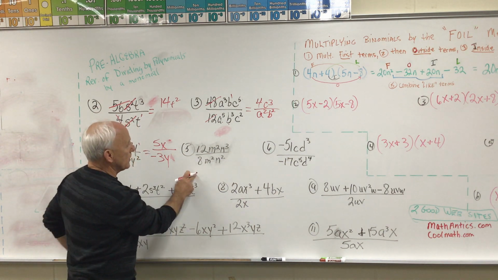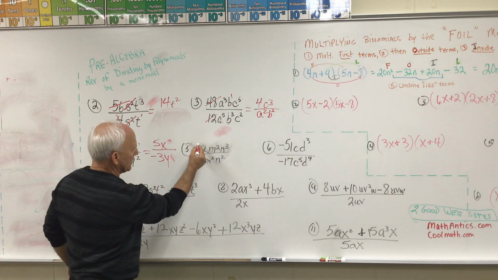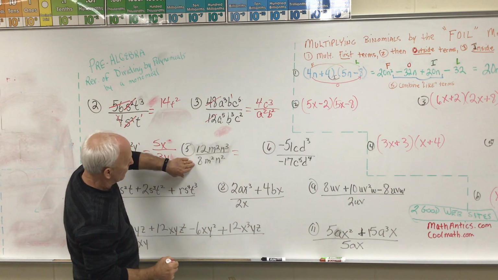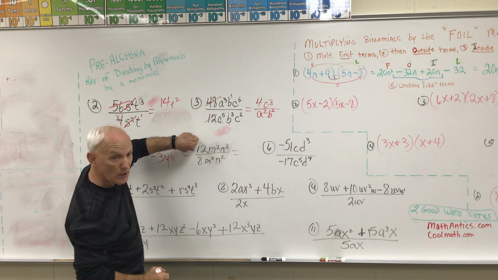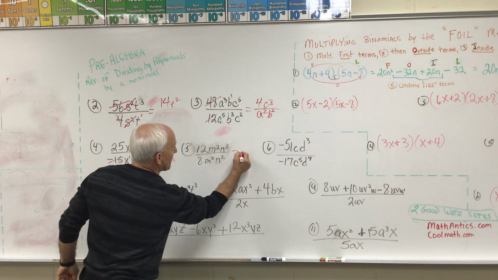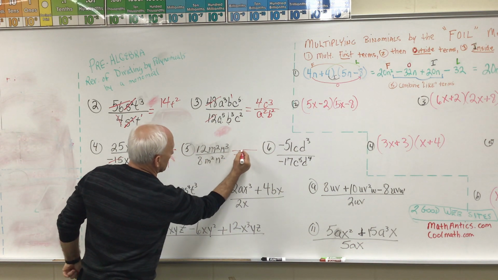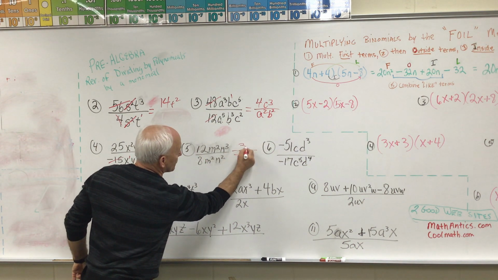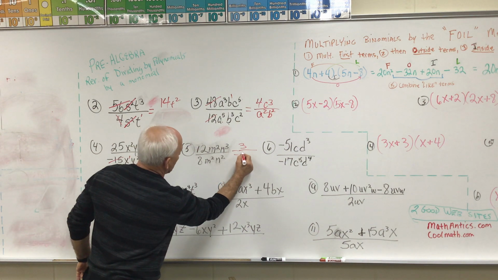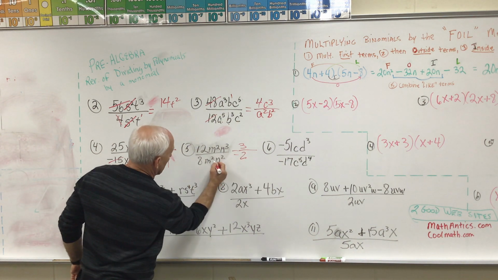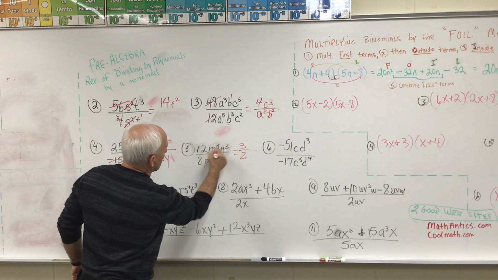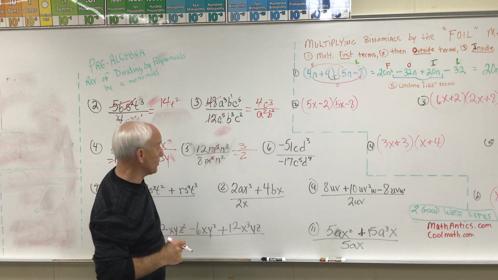All right. If you struggled with this one, it's pretty easy. Look at the numbers. What number goes into 8 and 12? 4, right? So let's do that. 4 into 12 is 3. 4 into 8 is 2. Okay, m squared and m squared will cancel out.